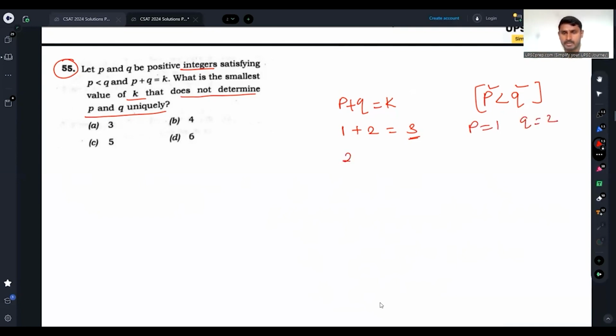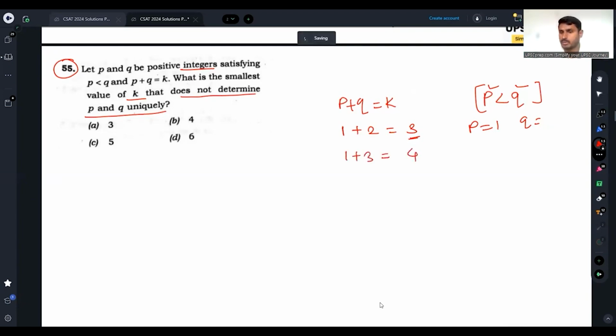Then if I take 2 plus 3, it will become 5, right? So is there any other possibility to have an addition of 5? What I will do, I will take another number. Let's say if I take 1 plus 3, this should be 4, right?